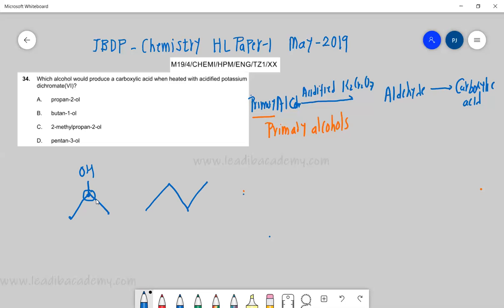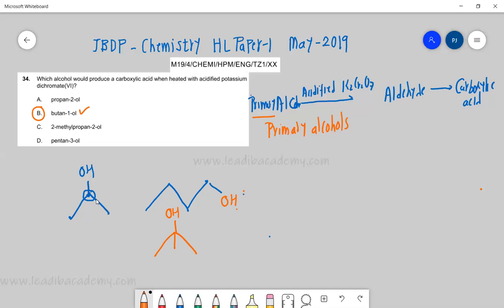So 1, 2, 3, 4, and then let me show OH. Yes, this is correct. But let's confirm that there is nothing else. I think you can clearly see that the next one is the methylpropanol, so there is OH and this.